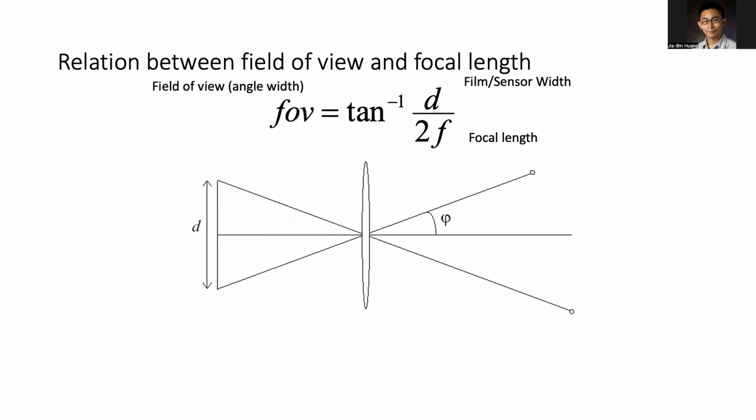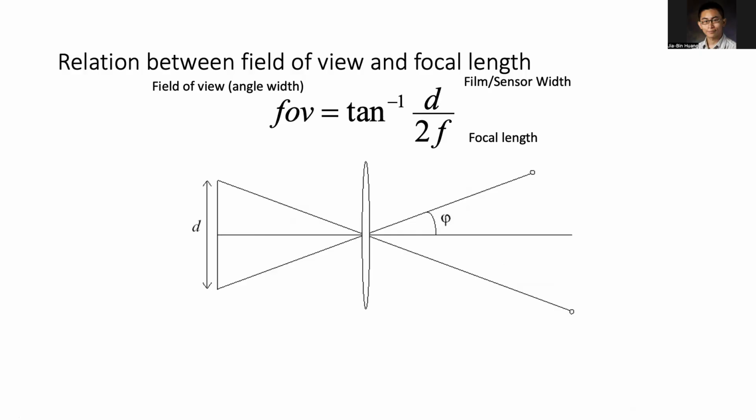If you have a larger sensor, like in a DSLR camera, you naturally have a larger field of view. That's why in DSLRs people want to use a full frame sensor that has a larger sensor size, basically larger d, which means that you see a larger field of view.